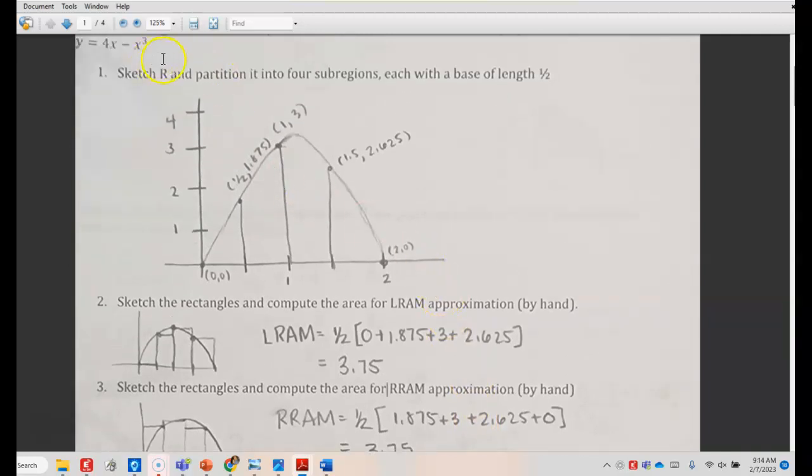And again, if you really wanted to know, you could integrate and find the actual value. The actual value would be the integral from 0 to 2 of 4x minus x cubed, so 2x squared minus 1/4 x to the 4th, and the actual is 4.